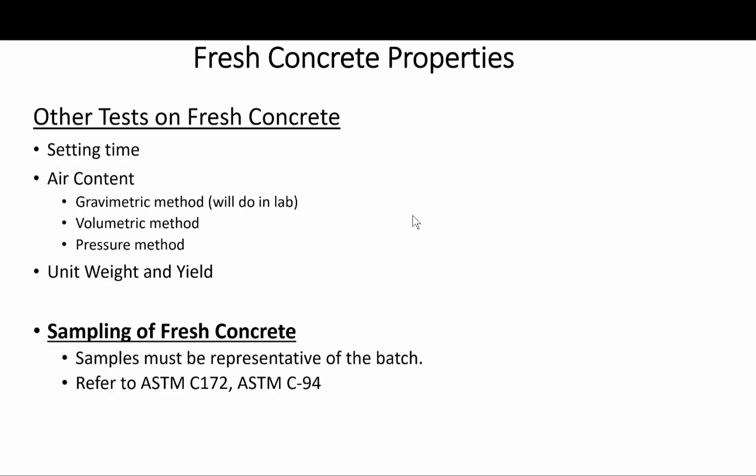Samples are taken from 2 locations in the batch, representing the first and last portions of the batch. These samples are tested separately, and the uniformity requirements are usually stated in that standard, so you can actually refer to ASTM C94.